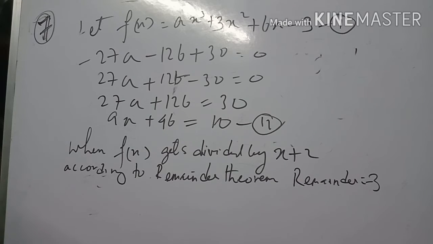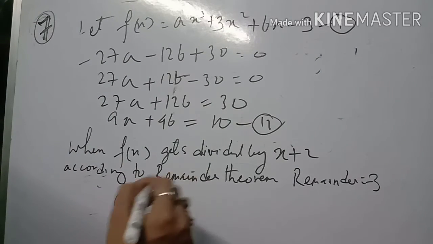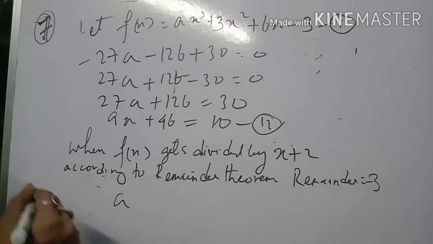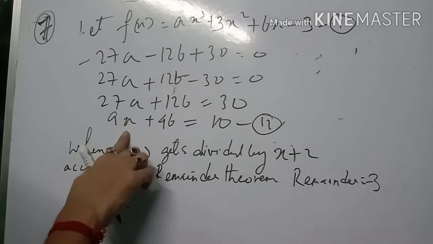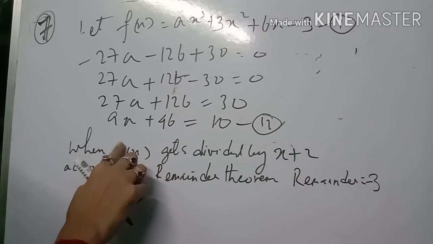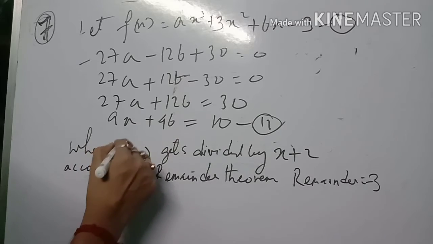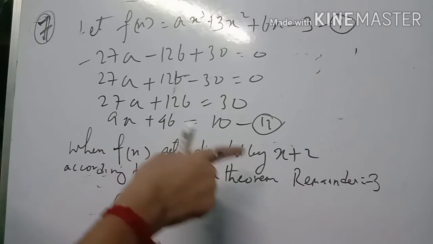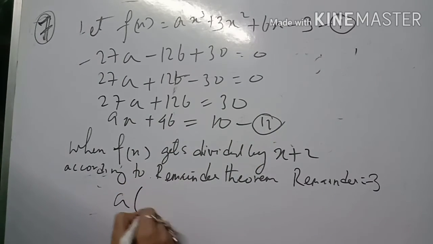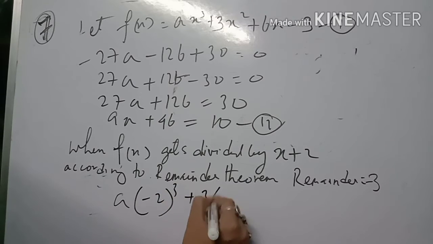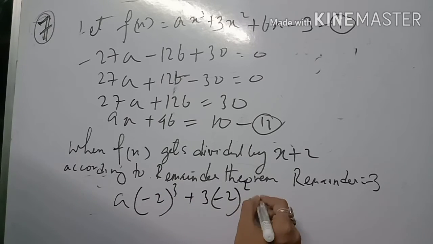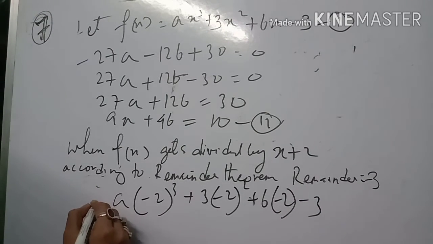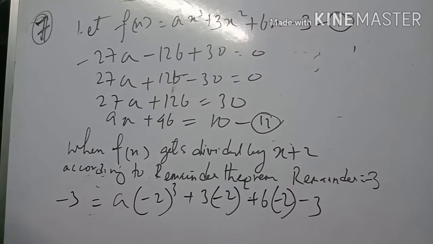Let us substitute those values. Okay, a. I shouldn't write this as f(x). Oh, sorry, my mistake. f(x): we are going to substitute the value of x with minus 2, so it will become a into minus 2 cube plus 3 into minus 2 square plus b into minus 2 minus 3, and the remainder is obviously minus 3.